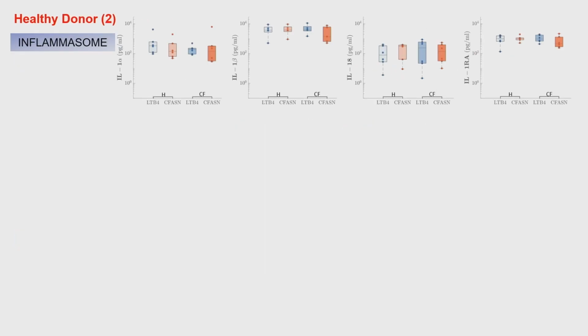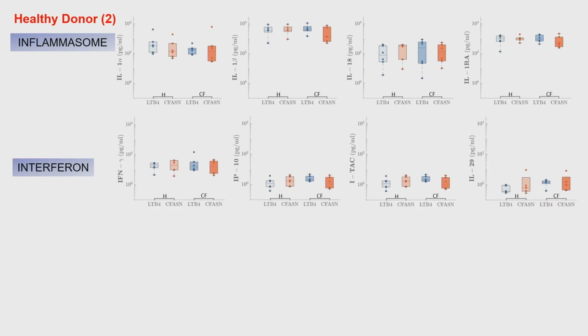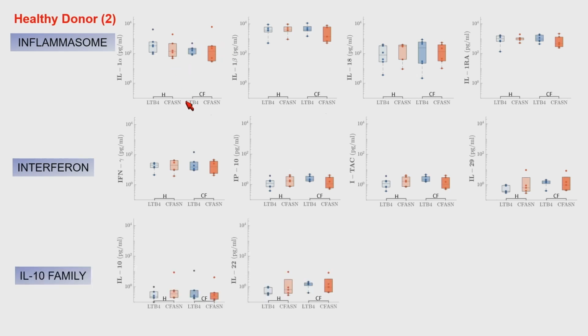When we went on to further investigate inflammasome and interferon markers, again there's no donor-specific difference, if we compare the blue to blue and the red to red here. However, one thing that did stand out was VEGF, which I'll talk about in a minute.